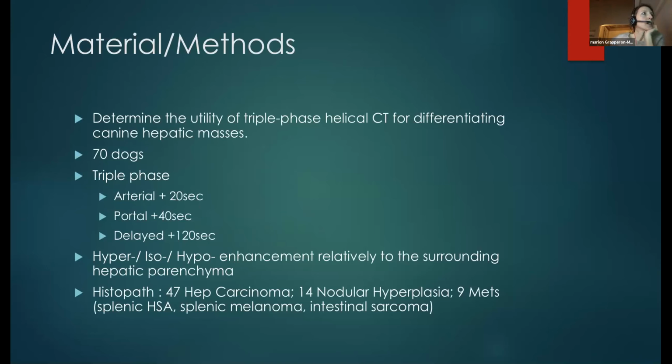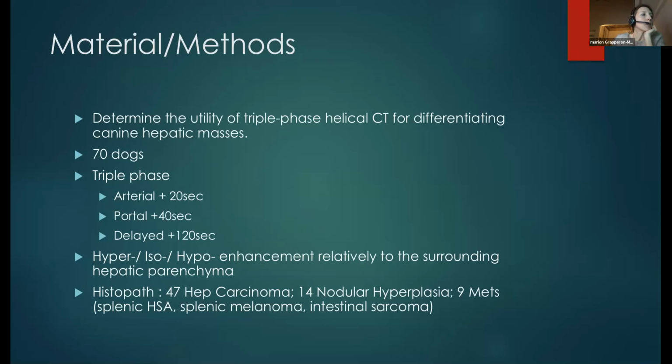the aim was to determine the utility of the triple phase CT to differentiate canine hepatic masses. So quite a fair amount of dogs, 70. They did the triple phase, and they were looking if the masses were hyper, iso, or hypo enhancing relative to the surrounding hepatic parenchyma.